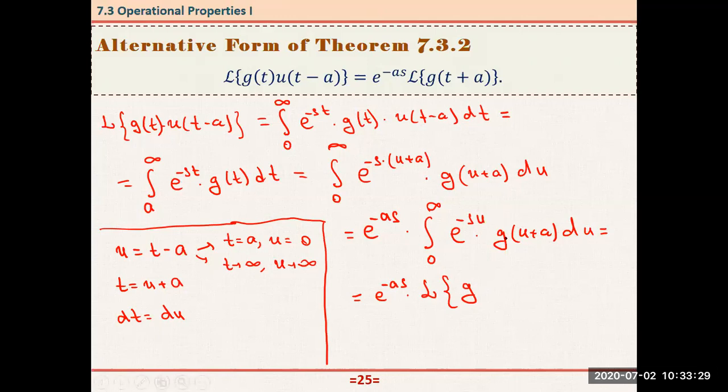All right, guys, I think I need to add one more step so it will be more clear for you. Because we got used to writing this independent variable using t, e to the power minus st. Here our variable is u. As you know, it's like a function, right?